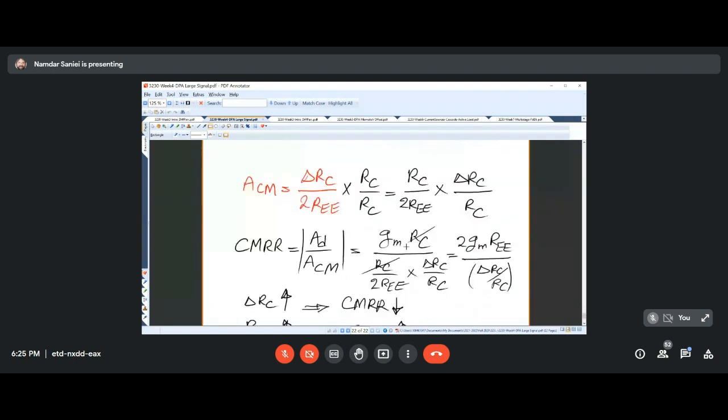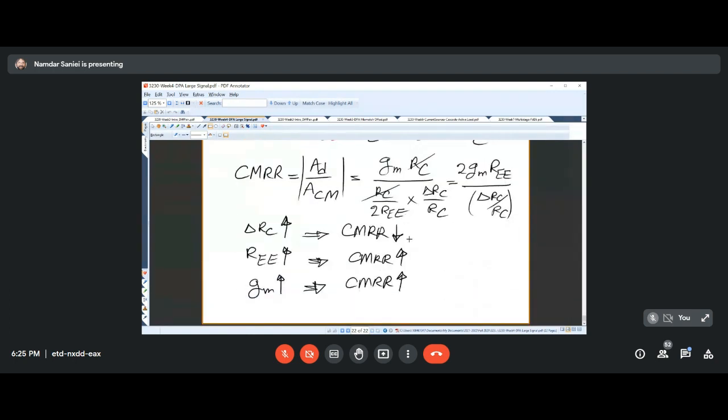So that contributed to a non-infinite common mode rejection ratio, which was dependent on the REE, the internal resistance of the biasing current source, the GM of the transistors, and the delta RC, or the percentage error of producing two same RC.